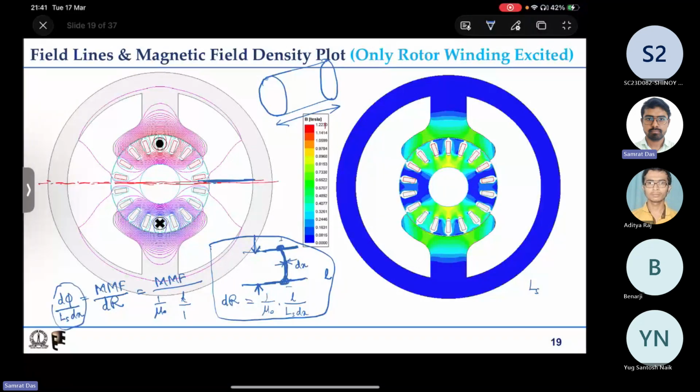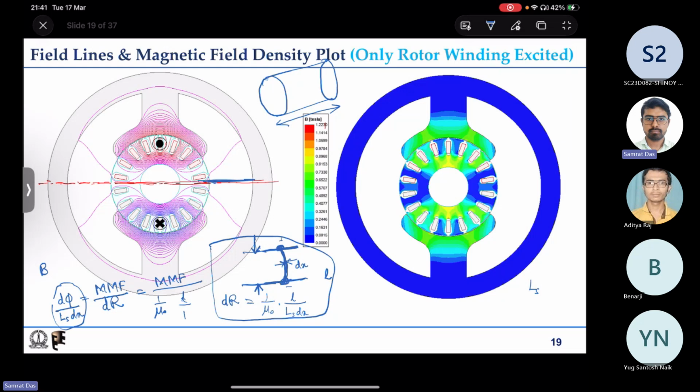So this indicates the flux density here. This is not very much true mathematically, because you cannot divide two infinitesimal quantities like that.